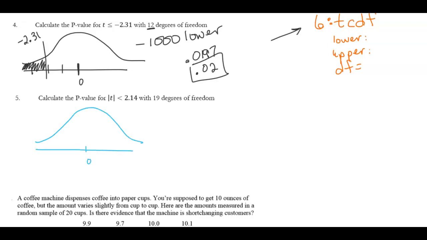Okay, so 2.4 is here. And you see how it says to the left? Well, when you have an absolute value, remember you're also going to have the other side. Because remember, when you have an absolute value, there's a positive answer and a negative answer. So that's 2.14, and the negative answer is negative 2.14.